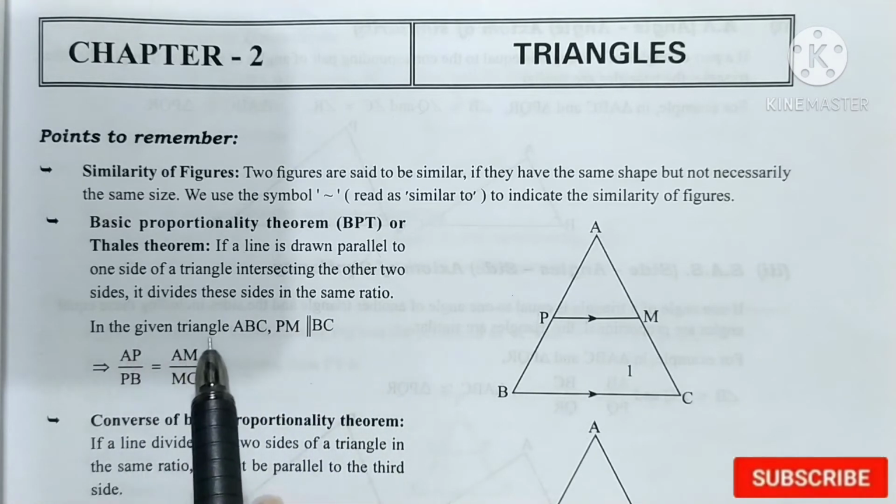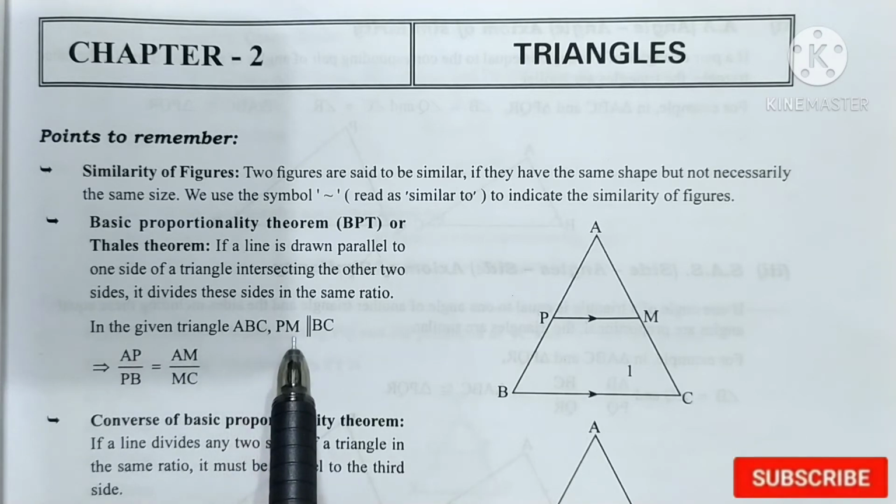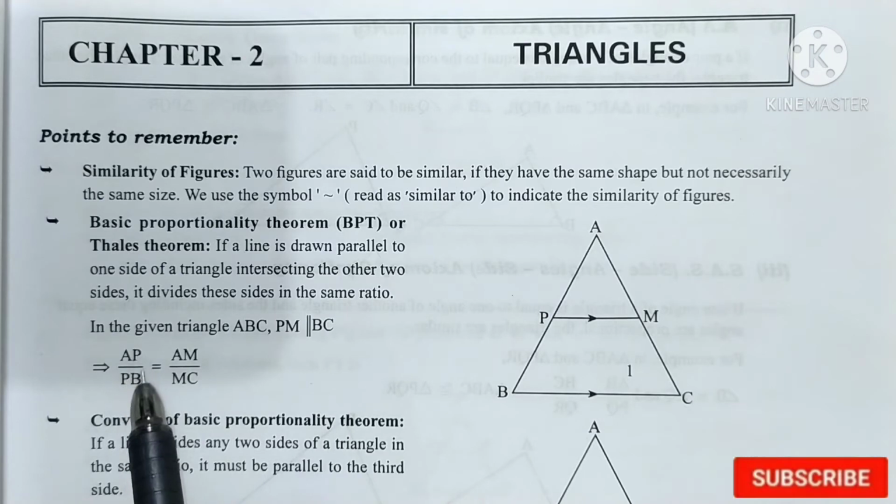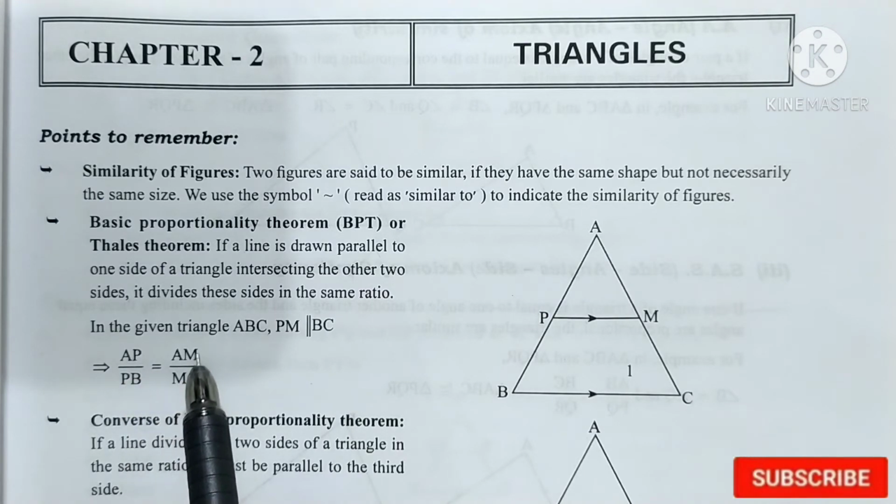In the given triangle ABC, PM is parallel to BC. This implies AP divided by PB is equal to AM divided by MC.